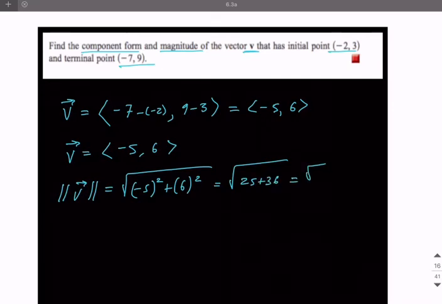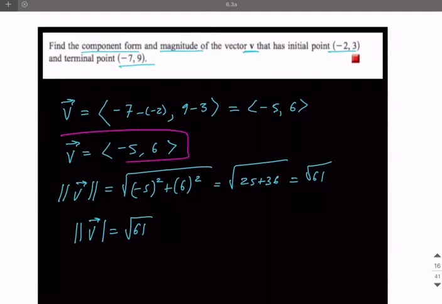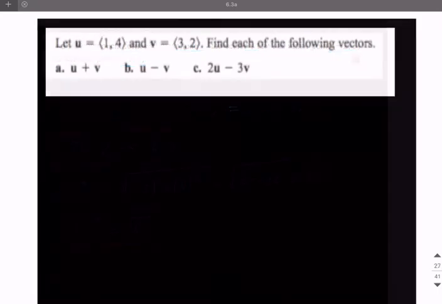So it is root 61. So the magnitude of v is the square root of 61. So this is the component form and this is the magnitude.